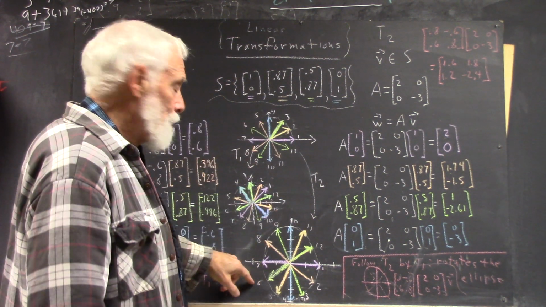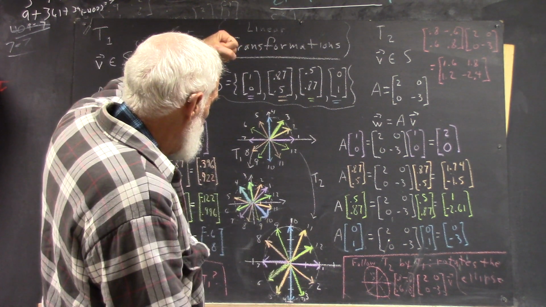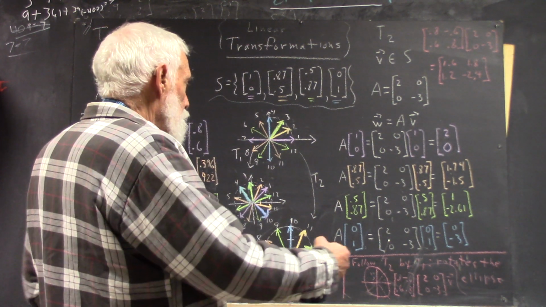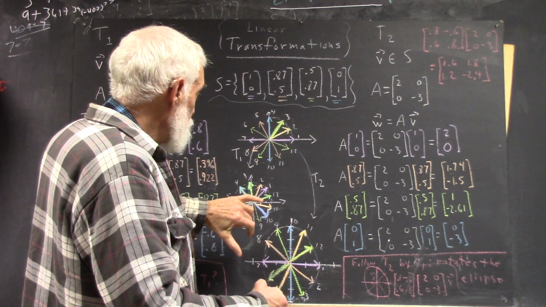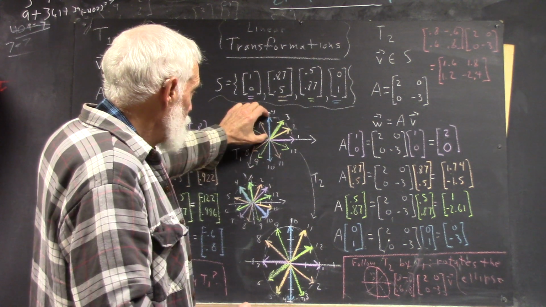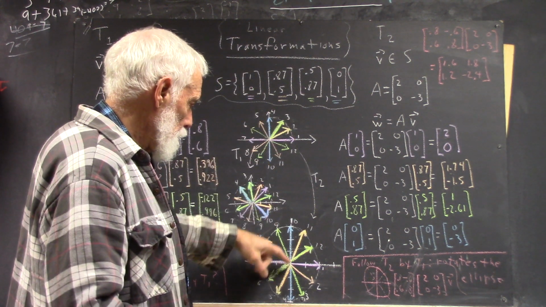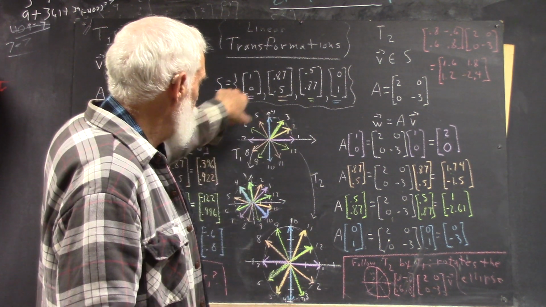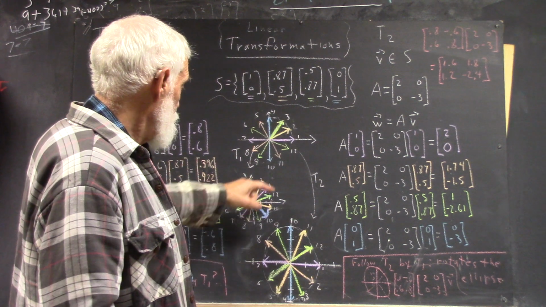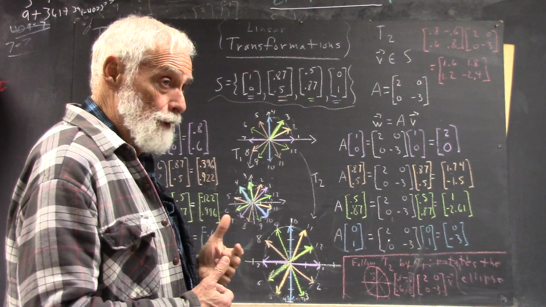This one takes the same picture and just stretches everything by a factor of 3 in this direction, factor of 2 in this direction, but also inverts it so that this vector gets stretched by factor of 3. It doesn't really look like a factor of 3, but it also goes on the opposite side. And these things are numbered, 1 through 12, and here you've got 1 through 12, so you can clearly see the rotation. Okay?